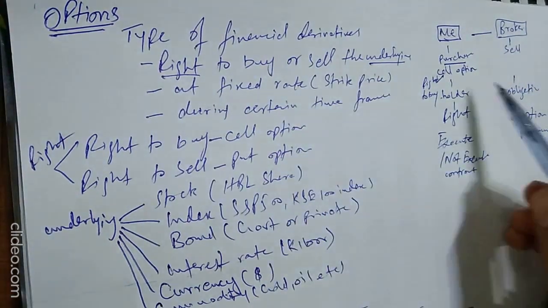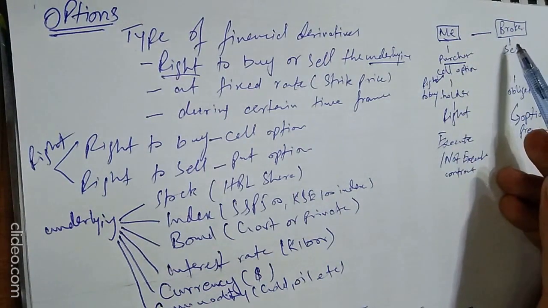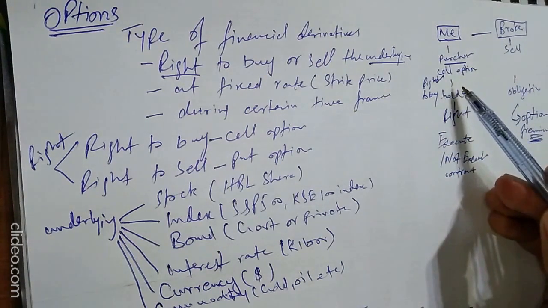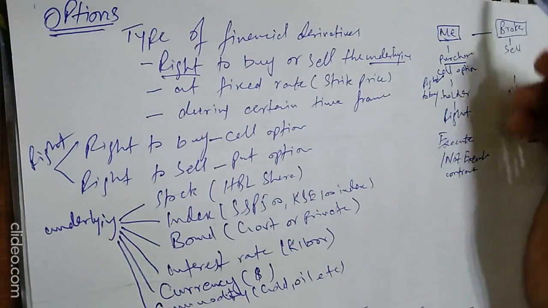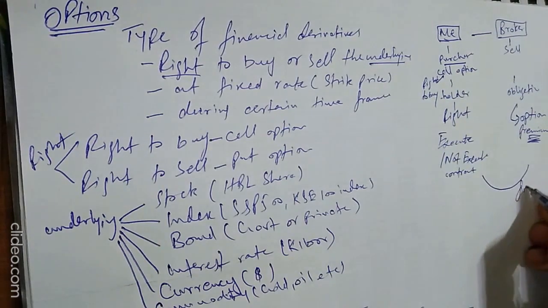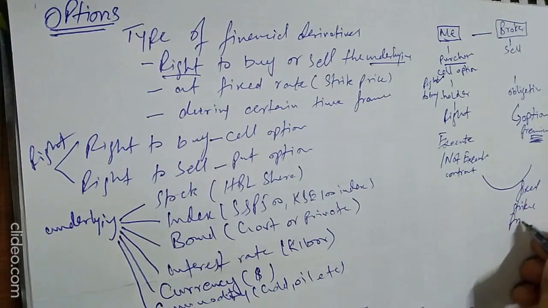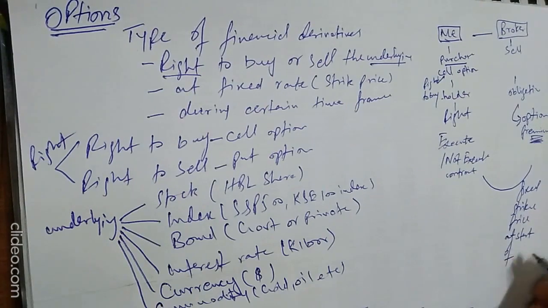So if these two parties go for an option contract, I'll buy a call option and this party will sell a call option. I will pay a premium to the broker, and both parties will fix the strike price at the start of the contract.